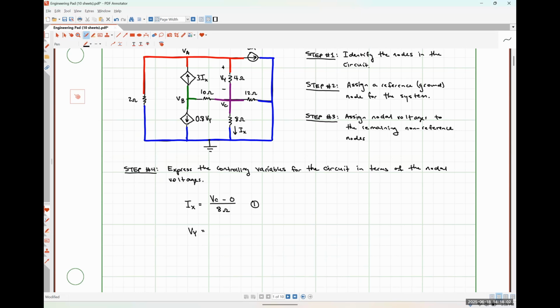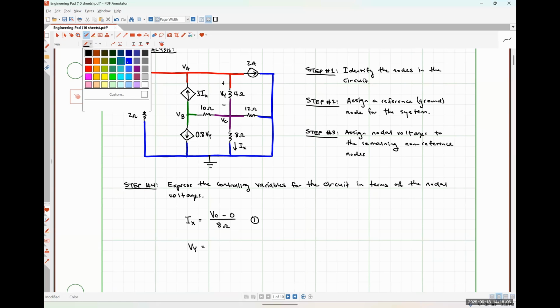So in this particular case, we are just going to do whatever nodal voltage is at the positive polarity terminal. The positive polarity terminal for Vy is at the red node, which has a nodal voltage of Va. So we're going to have Vy is equal to Va, and then we're going to look for whatever nodal voltage is at the negative polarity terminal, which in this case is going to be Vc.